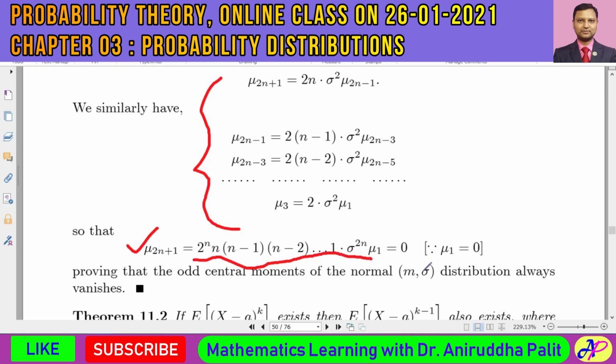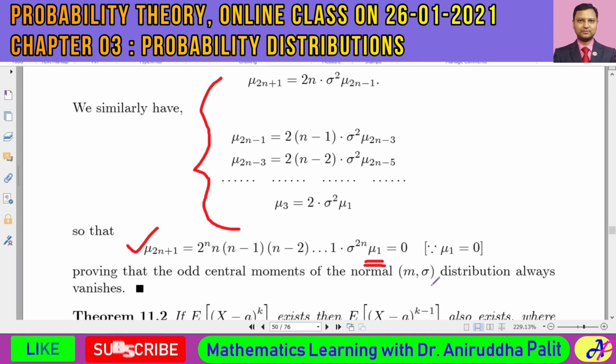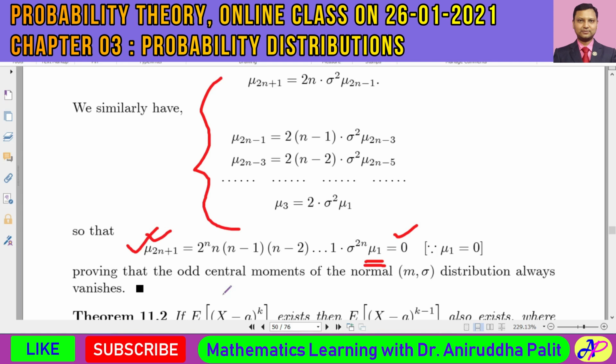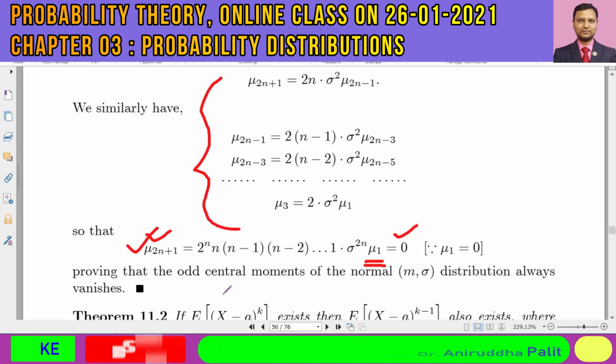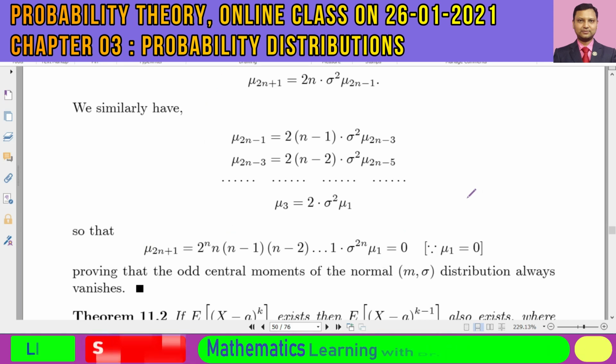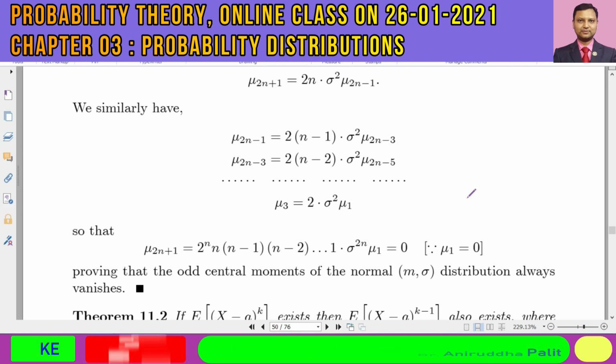Mu 2n minus 1 can be written in terms of mu 1, and because this mu 1 is equal to 0, therefore all these odd order central moments will be equal to 0. So this proves that in case of normal (m, sigma) distribution, all the odd order central moments are equal to 0.